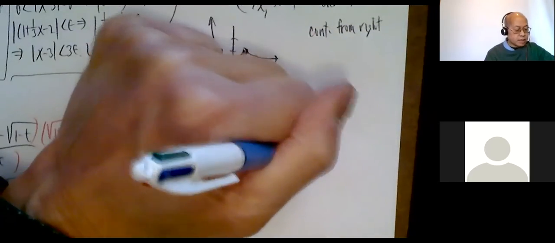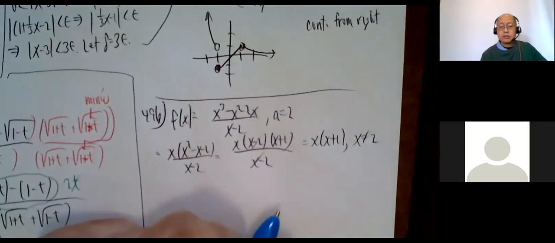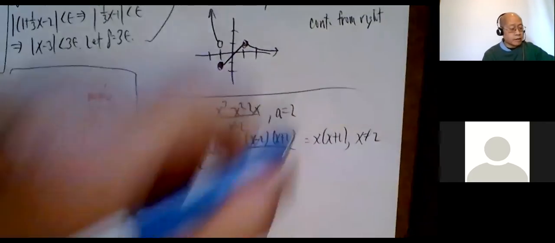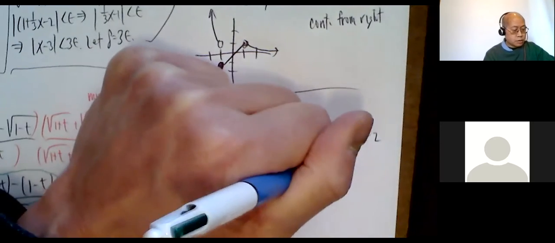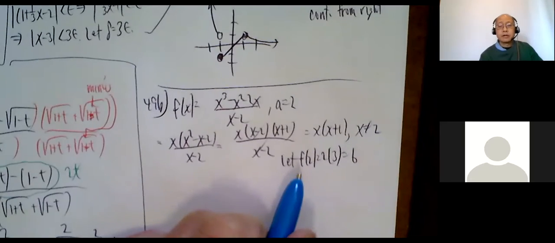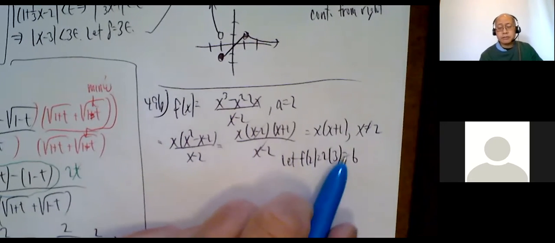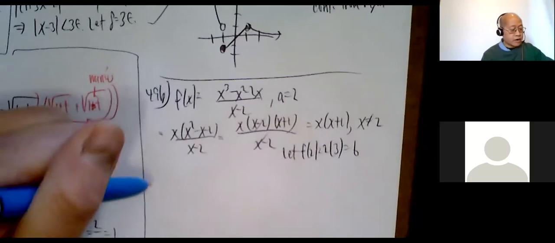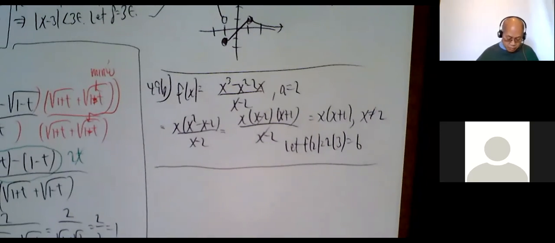Cancel, cancel, equals x times x plus 1, as long as x is not equal to 2. So how do I make it continuous? I plug up the hole by defining let f of 2 be 2 times 3 or 6. So that's it. Okay, so this graph has a hole at 2, 6. So just plug up the hole by defining f of 2 to be equal to 6. Okay, so that's 49b.